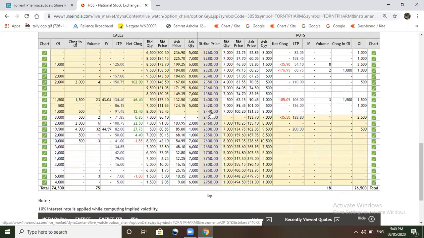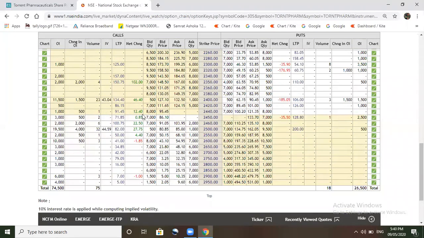So what happened at 2400? The 500 change in open interest, 500 open interest was added, and the price is also not going below this, and the open interest is also not great here. And here also the option chain value has increased. So it is obviously a long build-up at the 2400 level. So 1500 open interest was added, and it was the highest open interest.